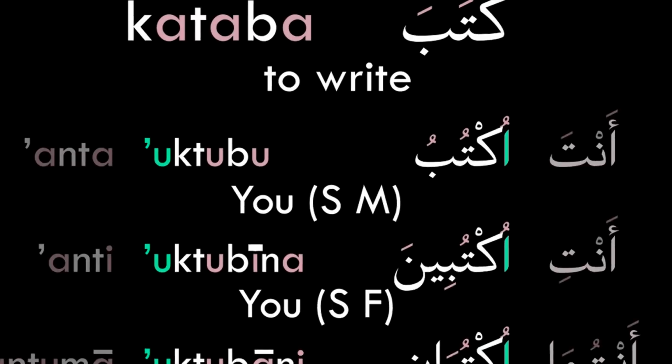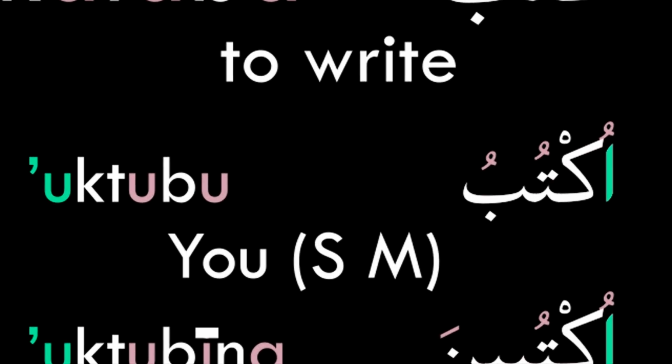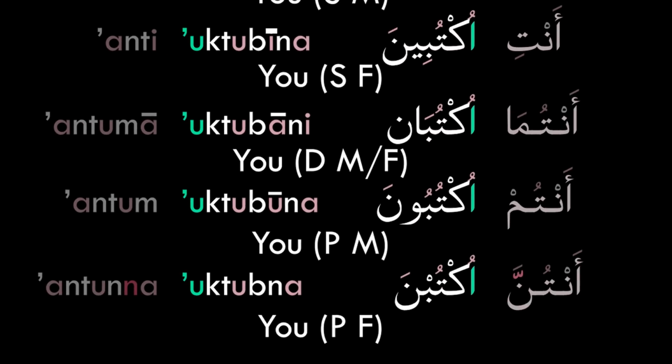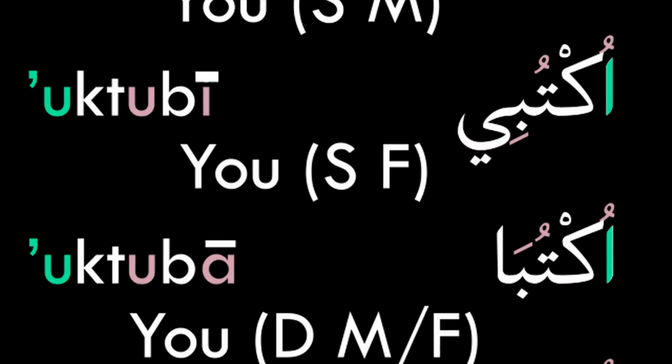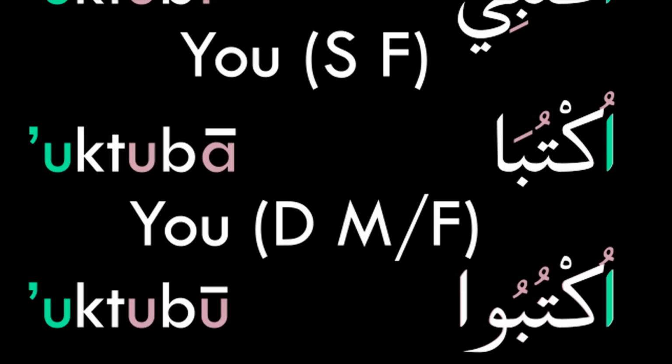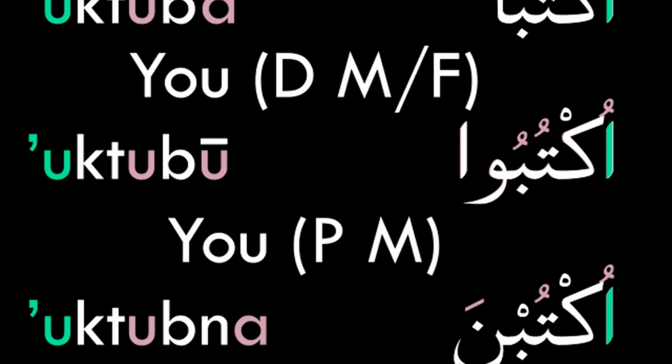So for the singular masculine you, there is no noon in the end. Then we just have to go to the last vowel and replace it with a sukun. It becomes uktub. All the other cases have noon in their ends. So we just have to delete that noon, and they become uktubi for the singular feminine you, uktuba for the dual you, uktubu for the plural masculine you.